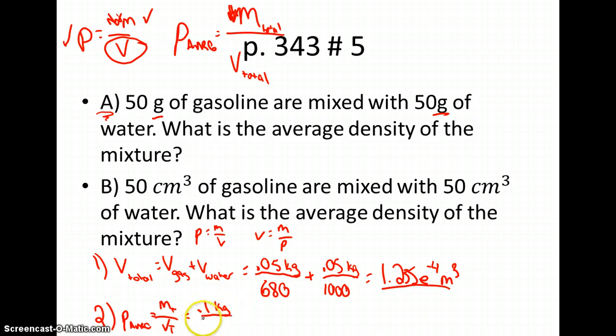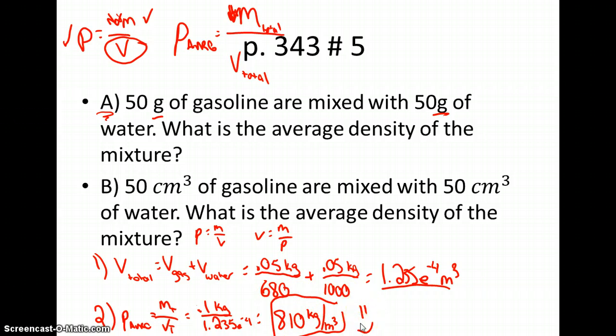And I'm going to divide that by what I just found the total volume to be, 1.235 e to the negative 4, which is going to give me a total density of, wait for it, 810 kilograms per meter cubed. And if you got that, touché, good job.